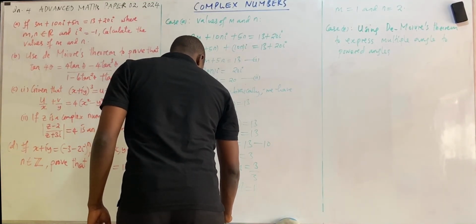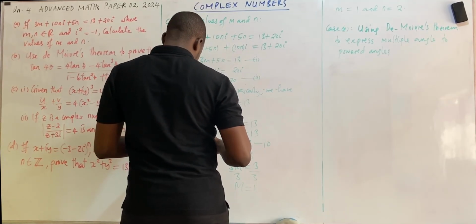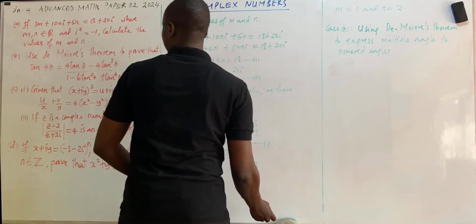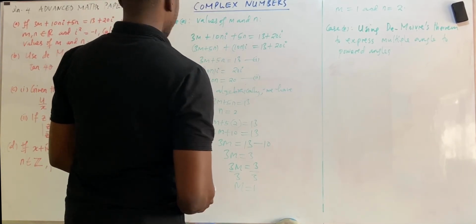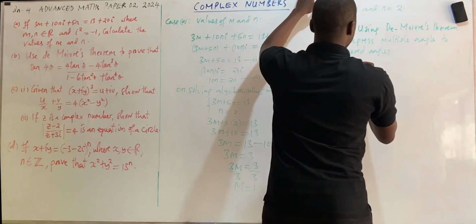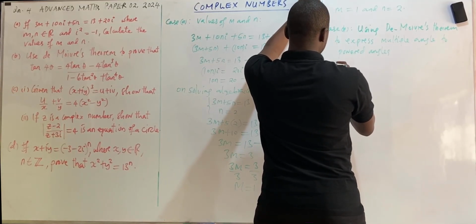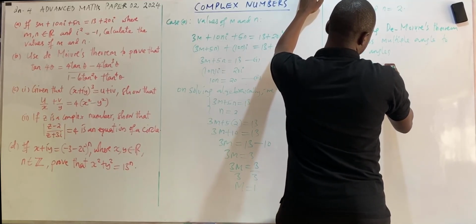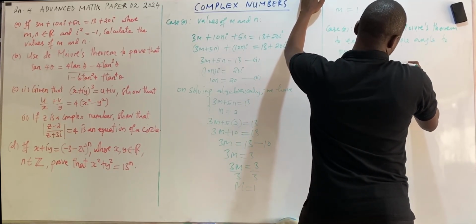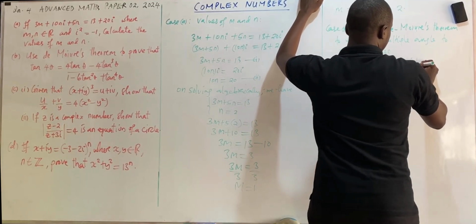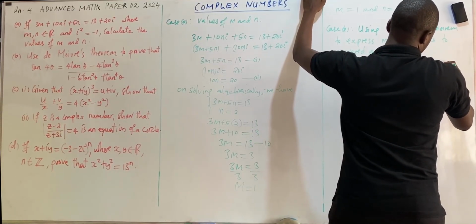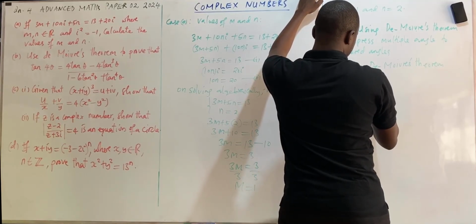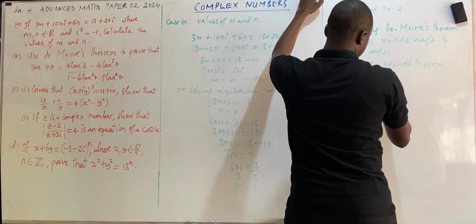Now, as usual, if you are told to prove it, it means now we need to use one side. But for here, let's refer to the Moivre theorem. That's the Moivre theorem. Now from the de Moivre theorem, it states the cosine of theta plus i sine of theta.